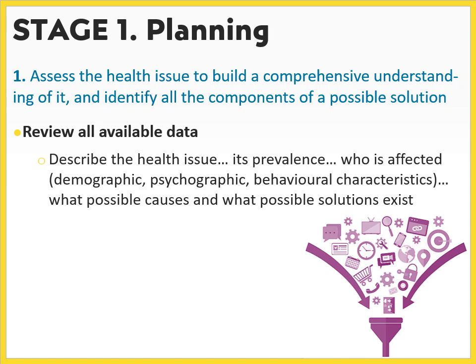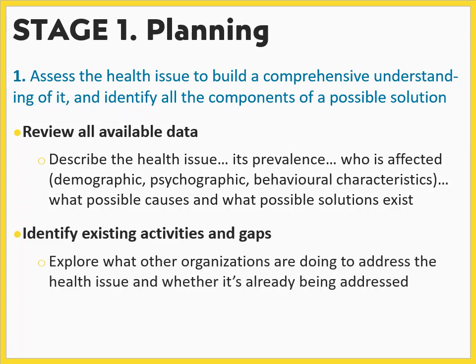To gain this understanding, review all available data with the aim of describing the health issue, its prevalence, who is affected, including their demographic, psychographic, and behavioral characteristics, and finally, what the possible causes and solutions are for the health issue. As you look at the available data, identify existing activities and gaps.